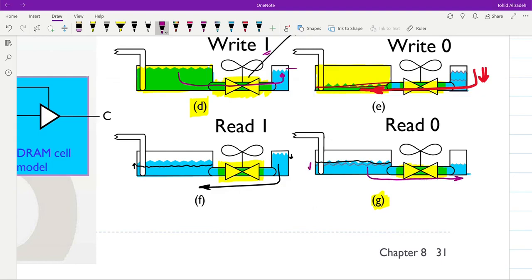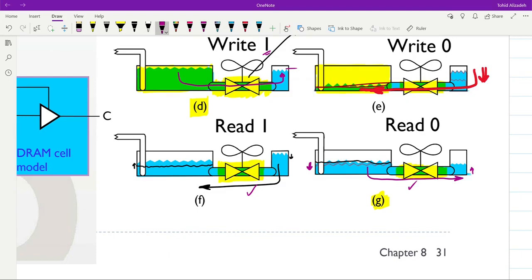And as a result, the new level that we have for our big tank will be lower, while for the smaller tank we will have the level rising a little bit, okay? So referring to what changes we have in the bigger tank, we would say that we have read either 1 or 0 from our memory cell.